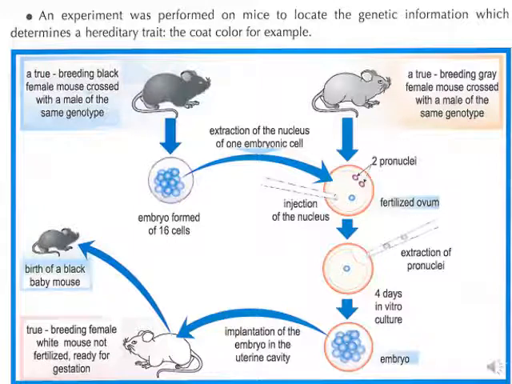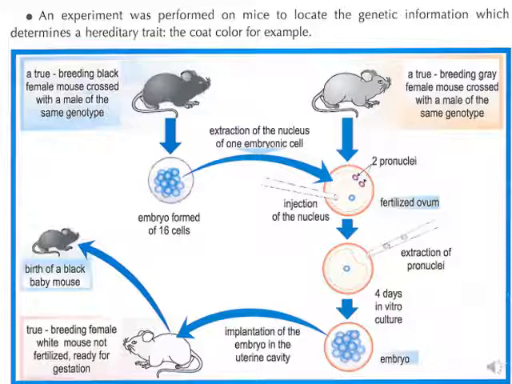An experiment was performed on mice to locate the genetic information which determines a hereditary trait, the coat color, for example. We have a true breeding black female mouse. What is the meaning of true breeding? It means that all the offspring have the same color, and it is crossed with a male of the same genotype. And to grow another female, we have a true breeding gray female mouse crossed with a male of the same genotype.